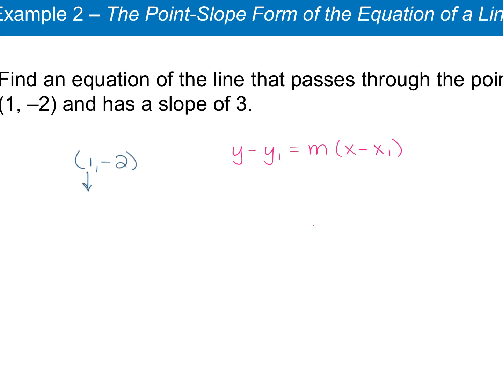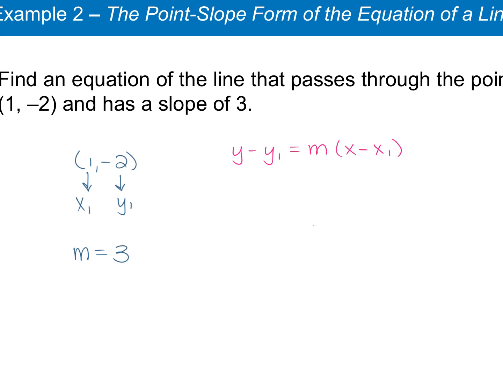So from this, our x1 is going to be the 1. Your y1 is going to be the negative 2. It also tells you that you have a slope, or m, of 3.